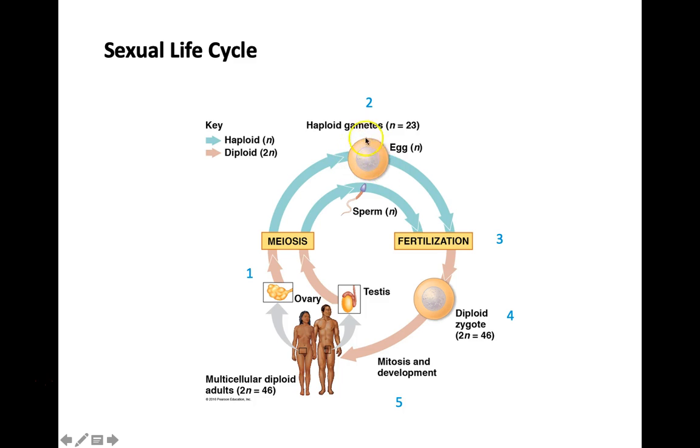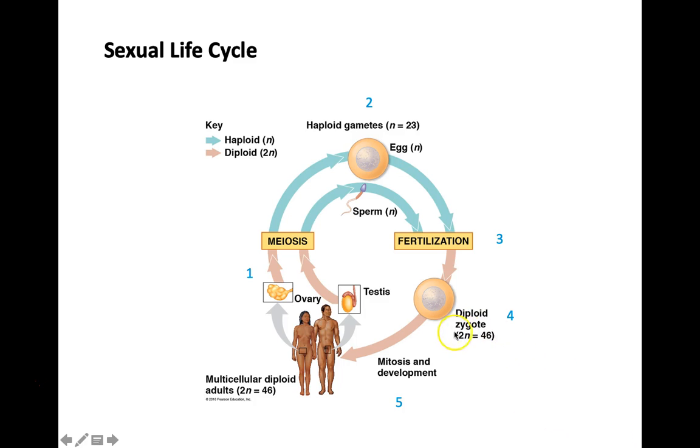So this is the egg here waiting to be fertilized by this sperm. Each one of those is haploid, which means it has one copy of each type of chromosome. When fertilization occurs and that sperm meets with the egg, it becomes a diploid organism. So now we have one copy of each set of chromosomes from mom, one copy of each set from dad, come together to get your full diploid set.